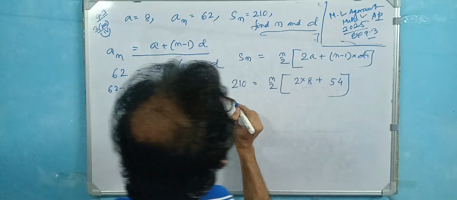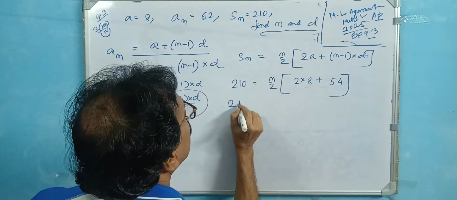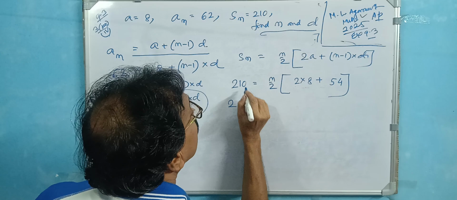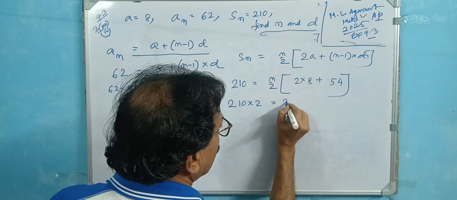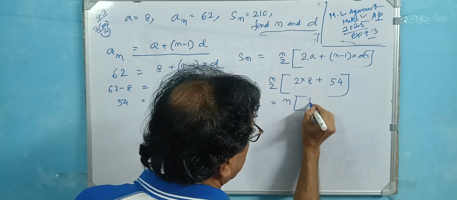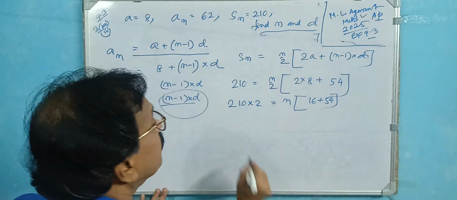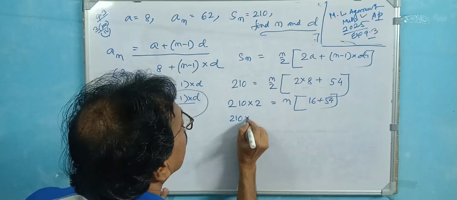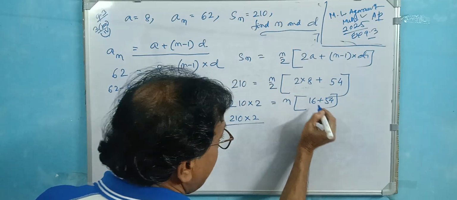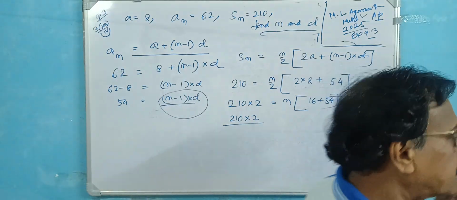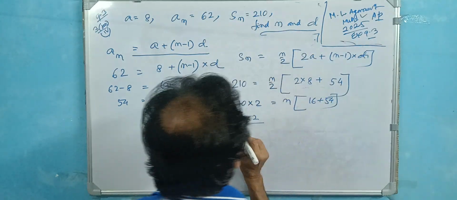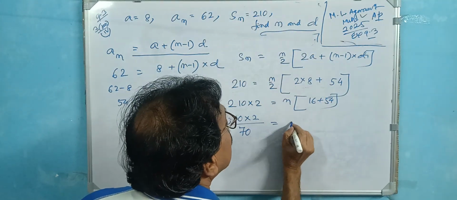Now, this is actually 210 into 2, that is equal to n bracket 16 plus 54. It's clear to you? Now, this is 210 by 70, that is equal to n. So 70, that is equal to n.